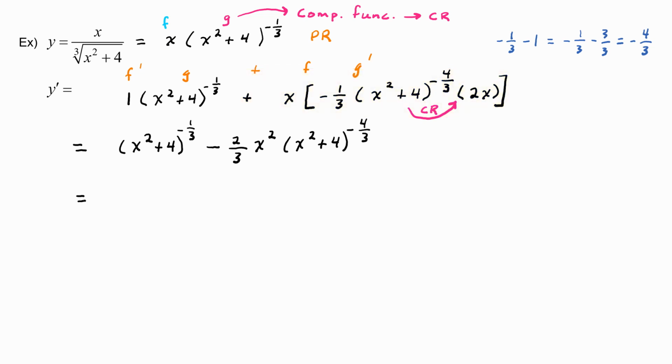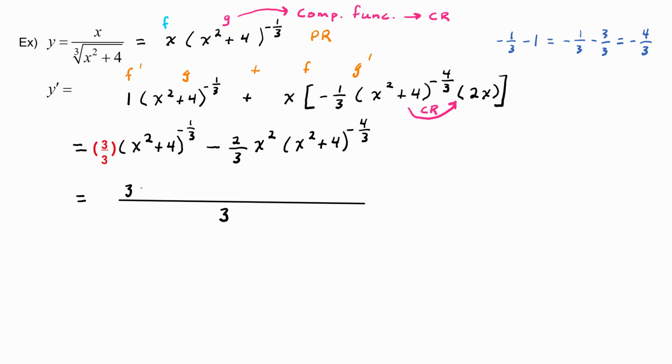Let's simplify. Whenever we have a fractional coefficient, I recommend that you get the common denominator of the coefficients first. We know our common denominator is going to be 3. So that means this term has to get multiplied by 3/3.